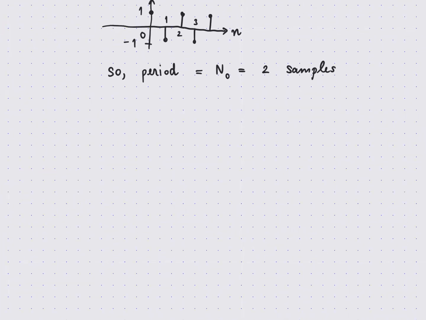Now, what if x[n] is a sinusoid? Normally, for a sinusoid, you think that it will be periodic, right? Because all sinusoids are periodic in the analog domain. But in this case, it's not true.